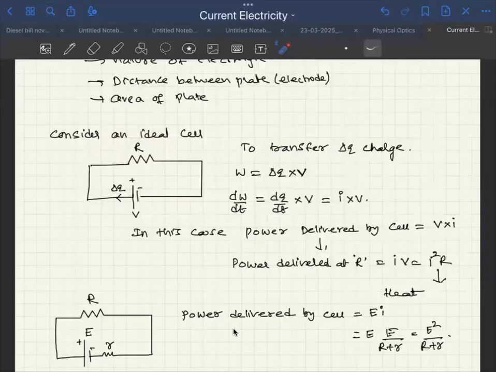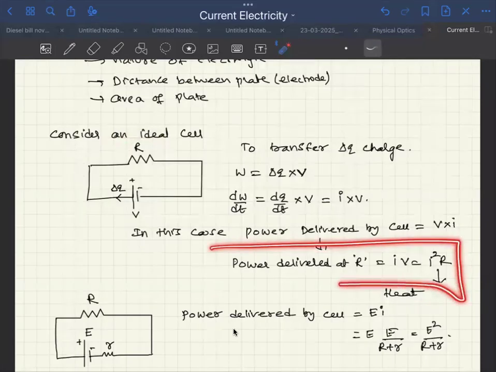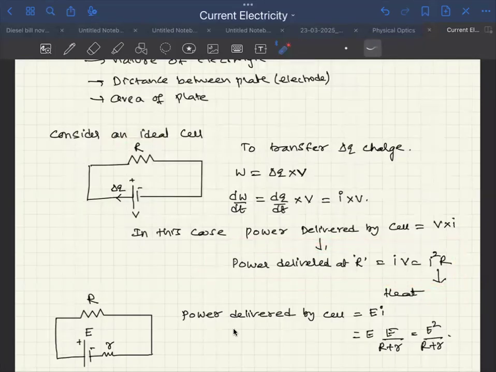If you write V is equal to IR, it can be written as I square R. So hereafter, the power delivered to a resistor R is expressed as I square R. After some time, you will notice the entire power delivered by me to the resistor is appearing in the form of heat.